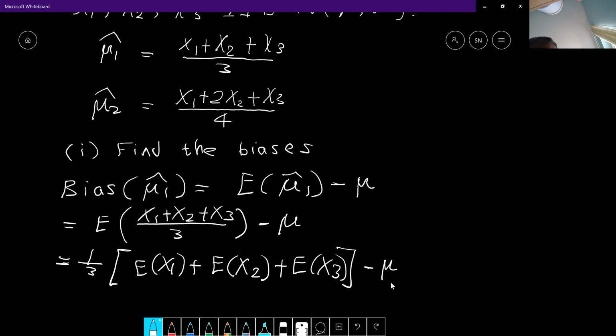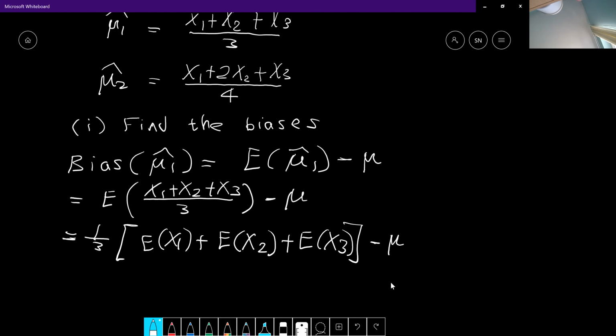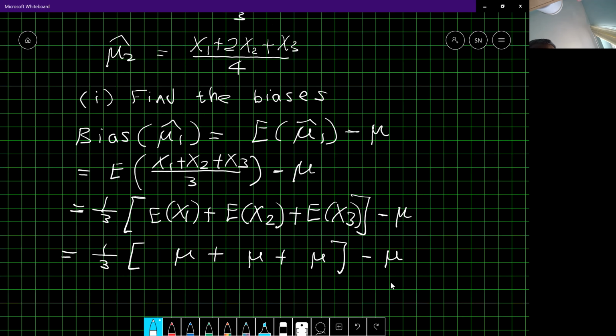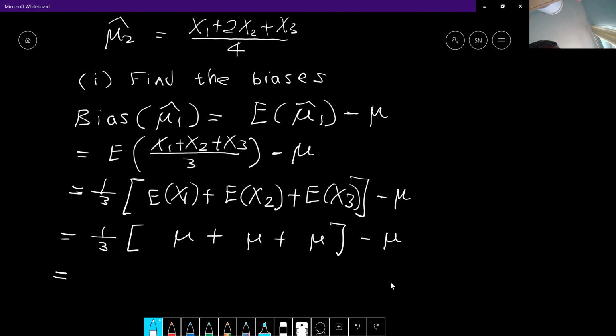And we know that each variable has mean equal to mu. So this is a third of mu plus mu plus mu minus mu, which is clearly equal to 0.